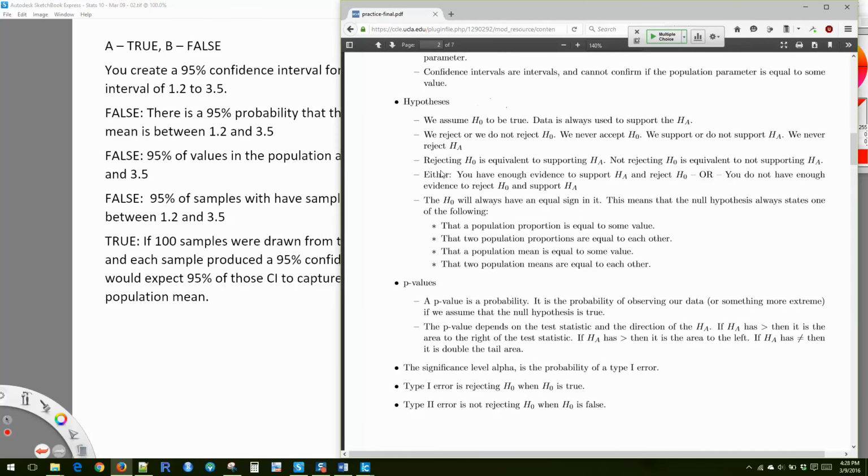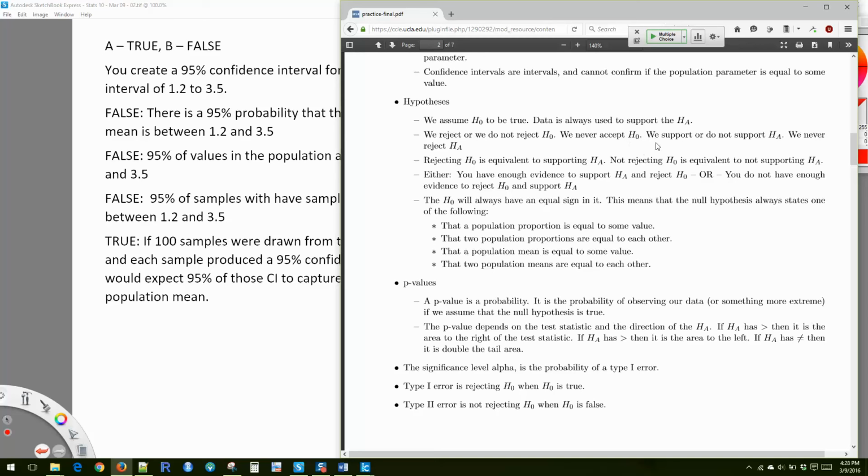Okay, let's talk about hypotheses, because this is also another key topic. Regarding hypotheses, we will assume that the null hypothesis is true. Data is always used to support the alternative. We reject or we do not reject the null. We never accept the null hypothesis.